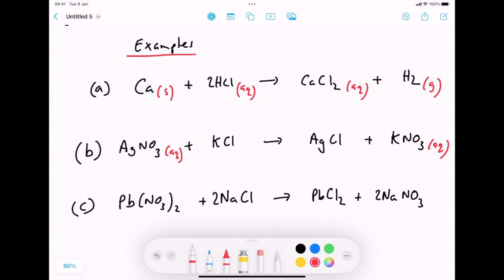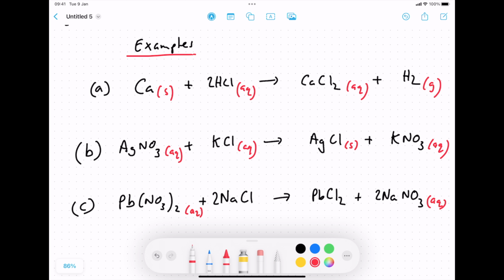Group 1 salts are soluble, and then silver chloride is a solid precipitate. Example C, again, start with what we know, which is nitrates are soluble. Group 1 salts are always soluble. Finally, lead compounds are insoluble apart from nitrates. So lead chloride will be solid.